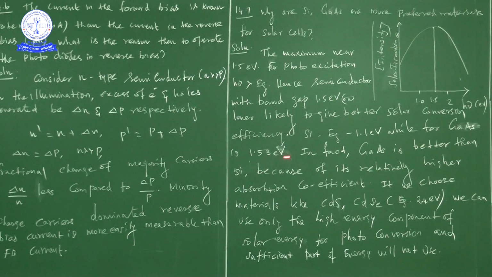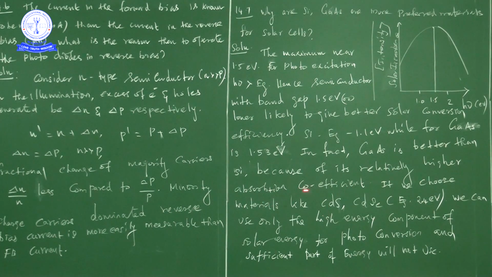Why? Even though silicon has the lower energy gap, 1.1 electron volt, compared to gallium arsenide at 1.53 electron volt, gallium arsenide is better than silicon because of its relatively higher absorption coefficient.